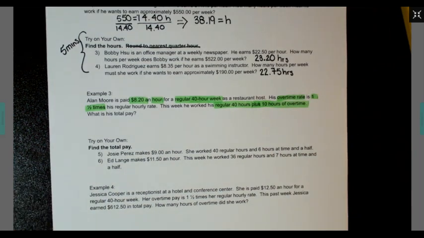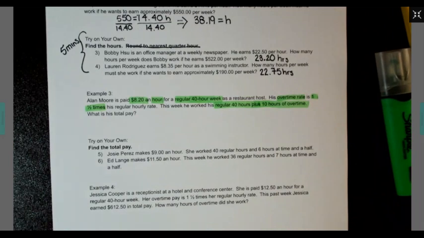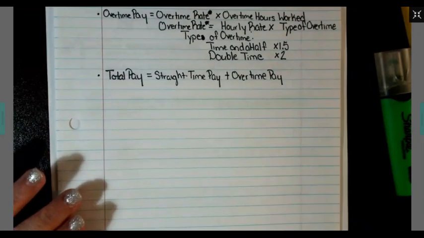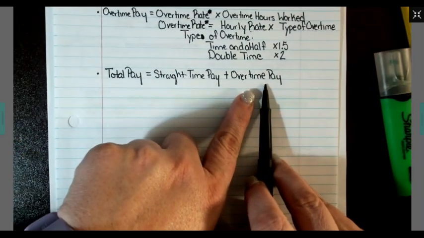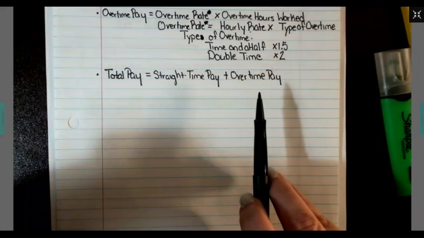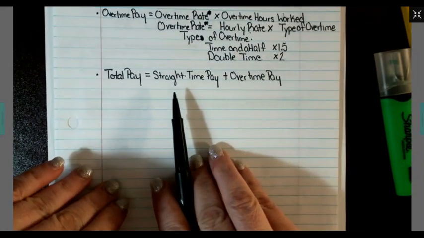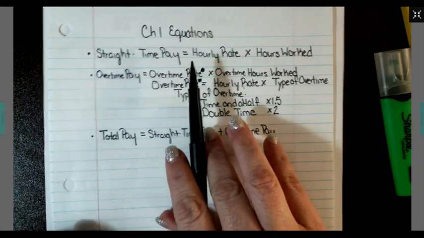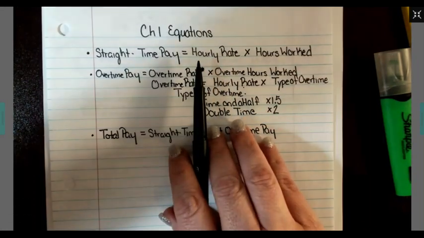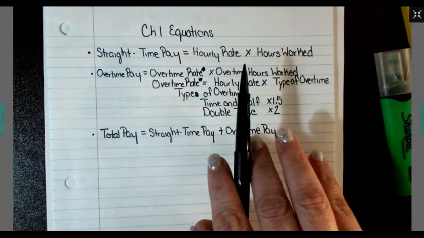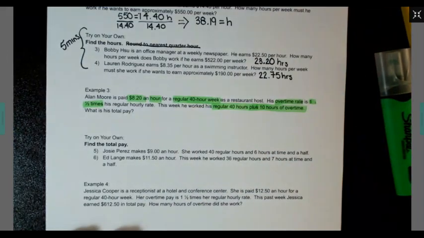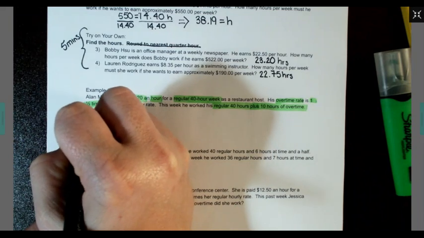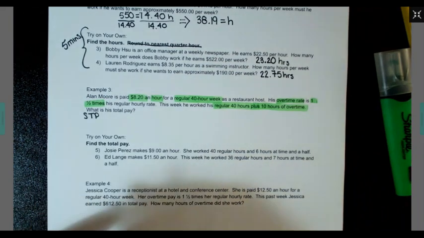What's his total? Okay, there's a lot of things to decipher here. The first thing I notice when I look at my equation sheet is that in order to find the total pay, I have to know straight time and I have to know overtime. I do not have either one of those right now. So let's start by finding the straight time pay. That's what we did in the previous lesson, where we take our hourly rate and multiply by our regular hours worked. So I'm going to put STP, straight time pay.